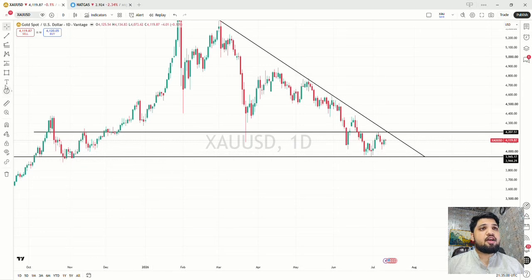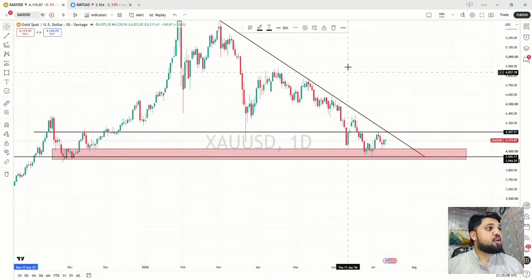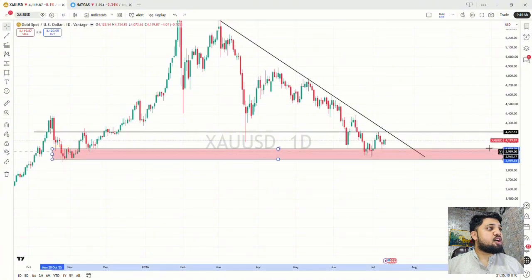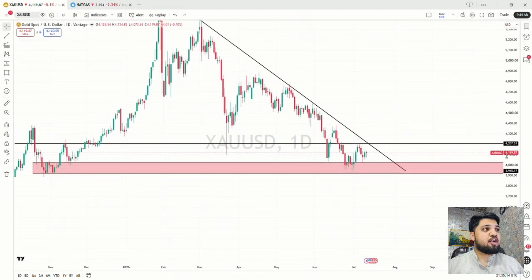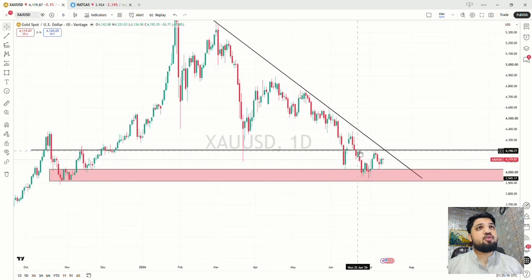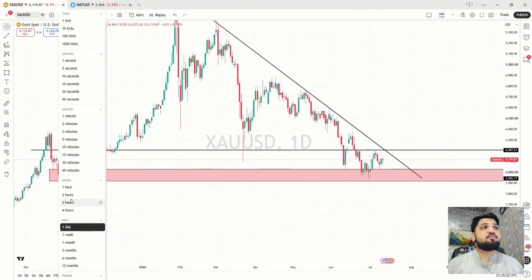Now I am going to draw this support and that order block that I was talking about some minutes ago. So this is a support level according to the day one time frame, and plus we have a trend line. So let's move to the H4 time frame so we can find out many other things.